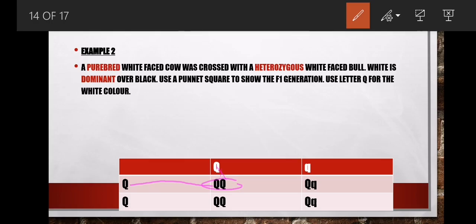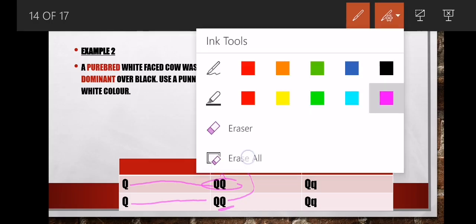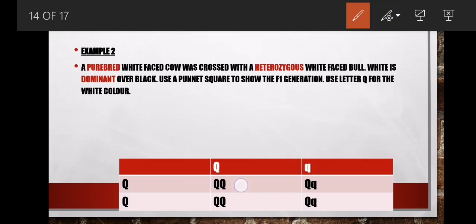We do this until we have these offspring. We cross this allele with this allele, and we get 2 alleles like this. So if you look at it thoroughly, for this one we proceed this way, and for this one this way. Then we are done with this.